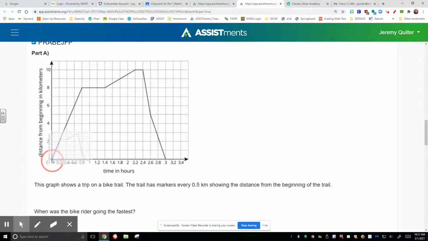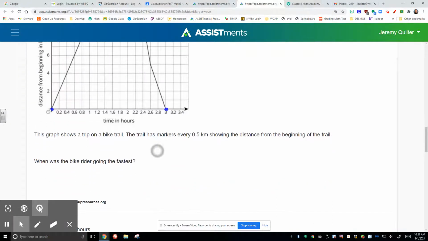You're moving from no kilometers, you're at the trailhead, and you are 3 hours out. So when you get back, this is a round trip. It goes from here all the way back to the beginning. And we know that because the distance from the beginning is zero, you have returned. So keep that in mind as you go through this.